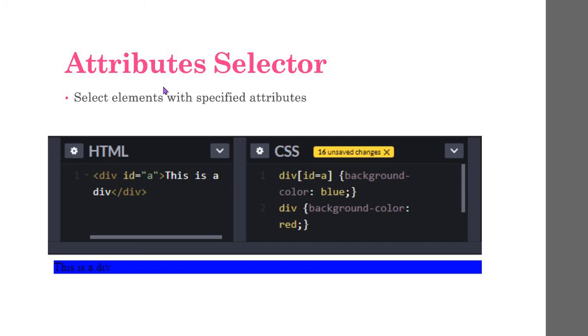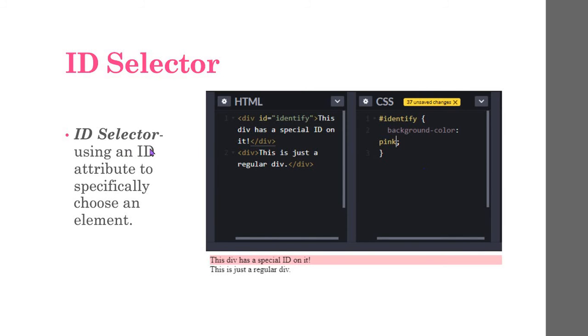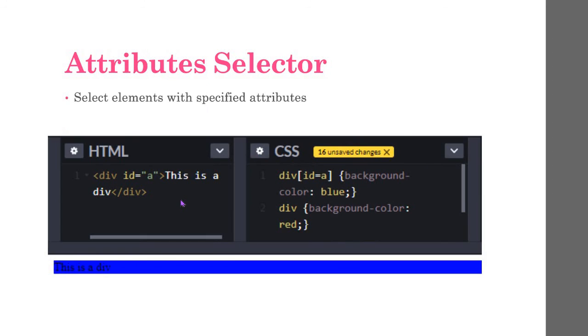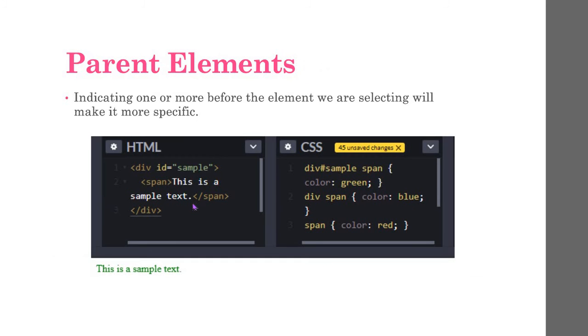So when we have the attribute selector, it will have more specificity than just the single element. Okay, but of course the ID selector has more weight than the attribute selector.